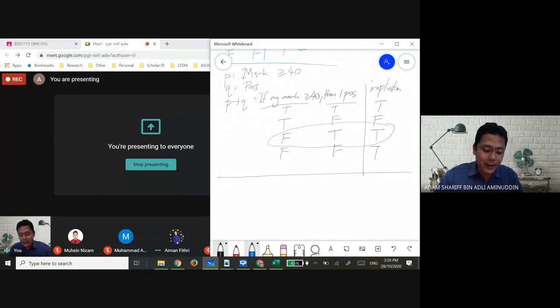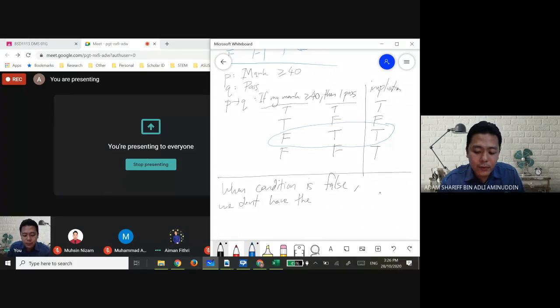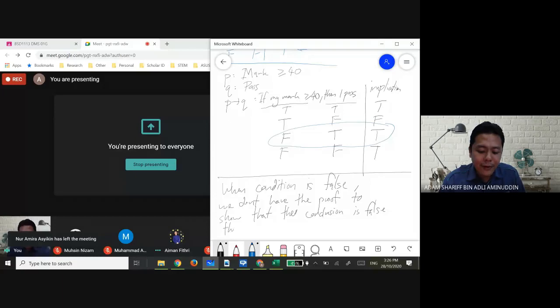The explanation as a mathematician is: when the condition is false, we don't have the proof to show that the conclusion is false. Therefore, the implication is true.